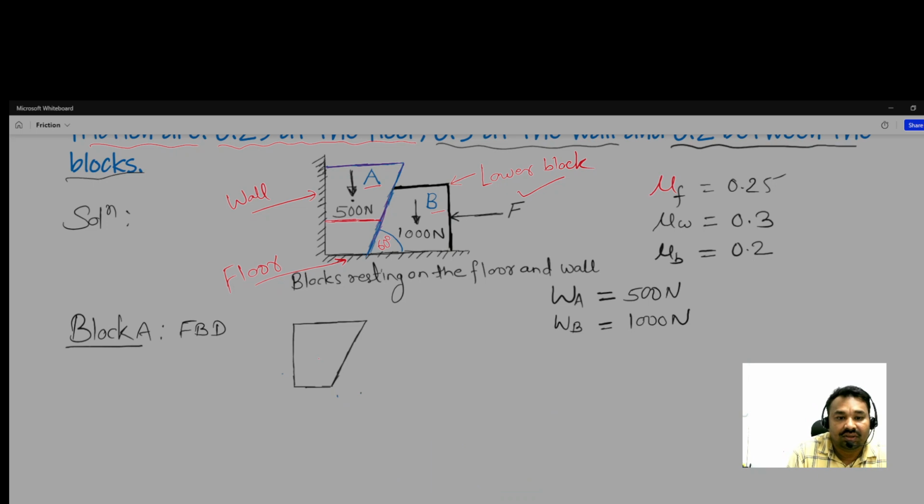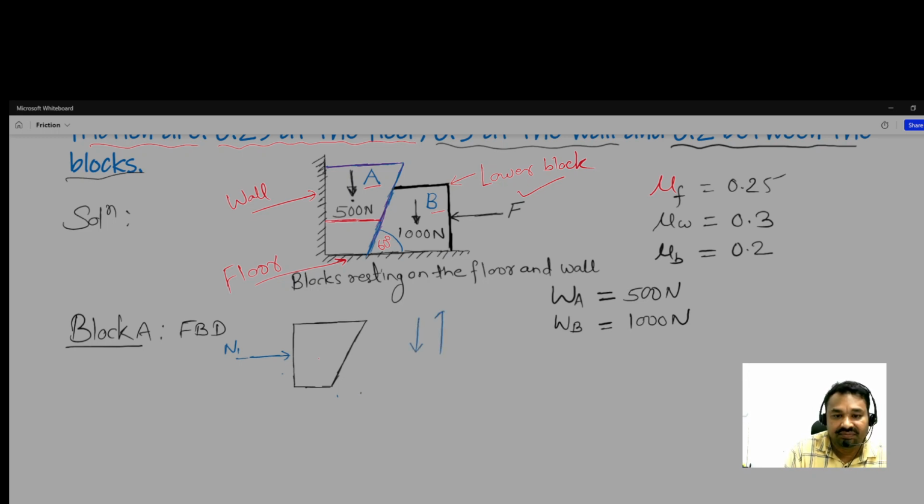So at the wall, here normal force will be there. Suppose we give the name N1, this N1, and this block will try to move downward.